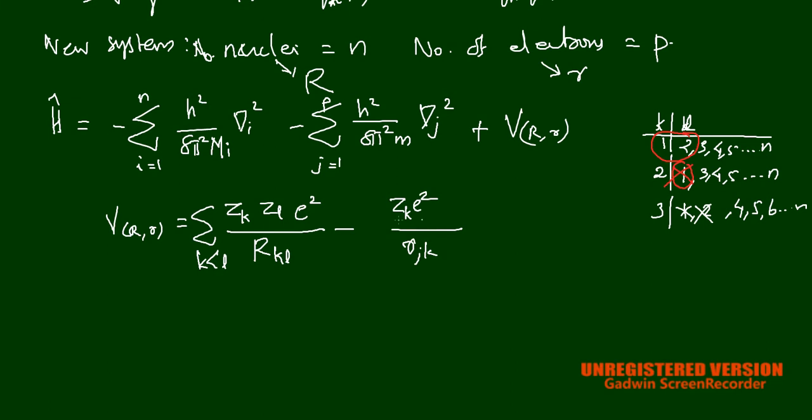We have to consider all these kinds of terms. Here also we have to apply the sigma sign. We have to count all the nuclei, that is, k is equal to 1 to n.